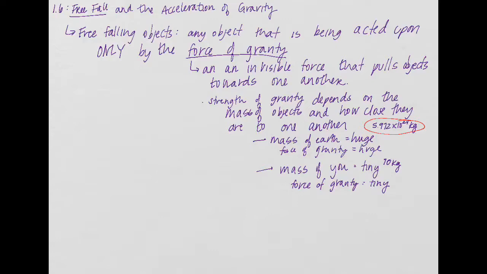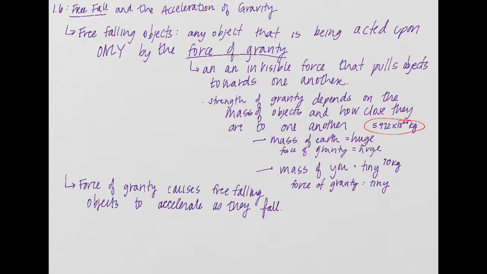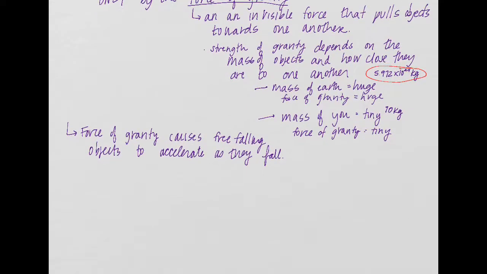All right. So this force of gravity that we're talking about is what causes free-falling objects to accelerate as they fall. Another way to think about that is, if we drop something from a 2-story or 5-story building, it's going to be in free fall, right?